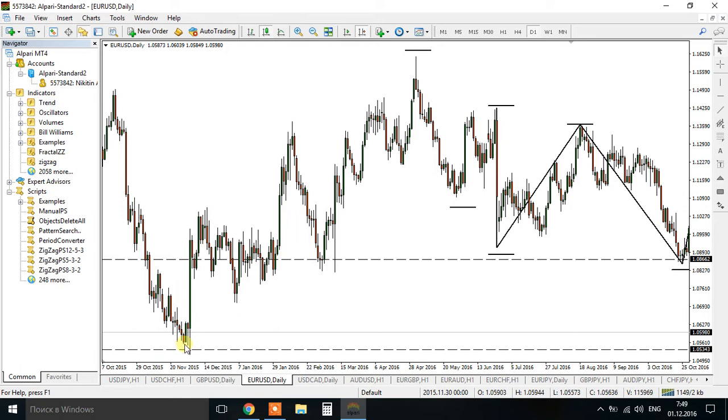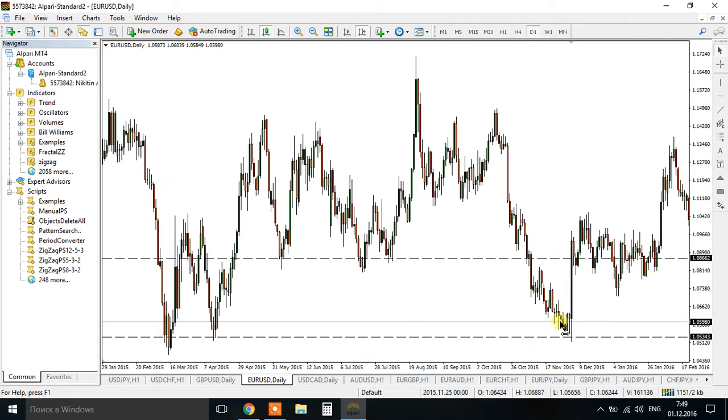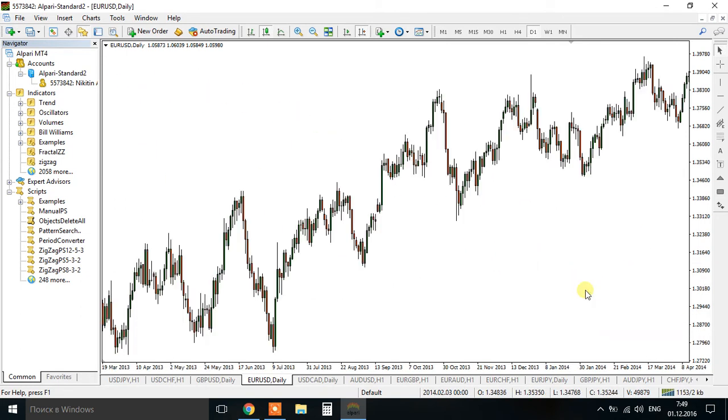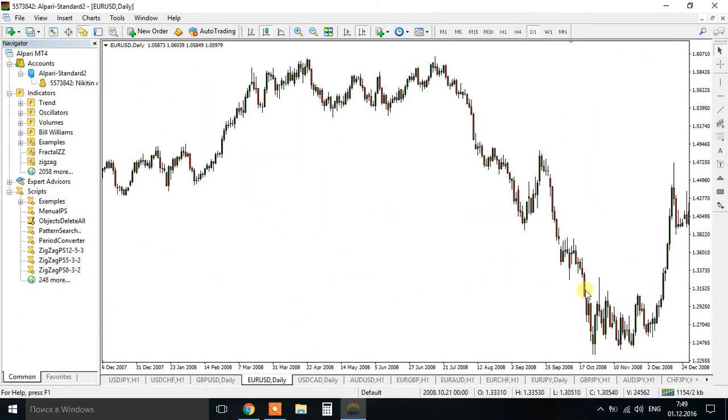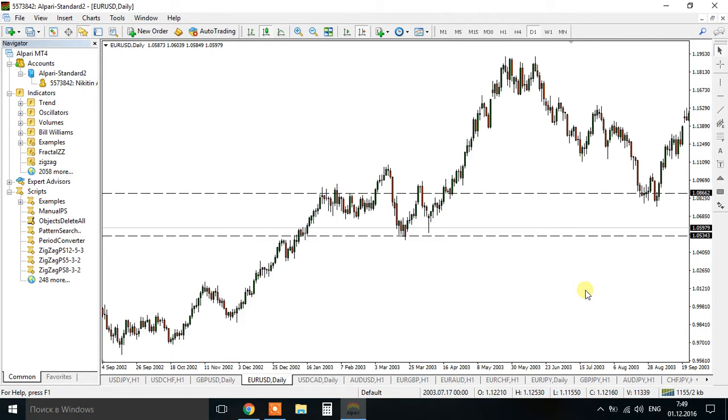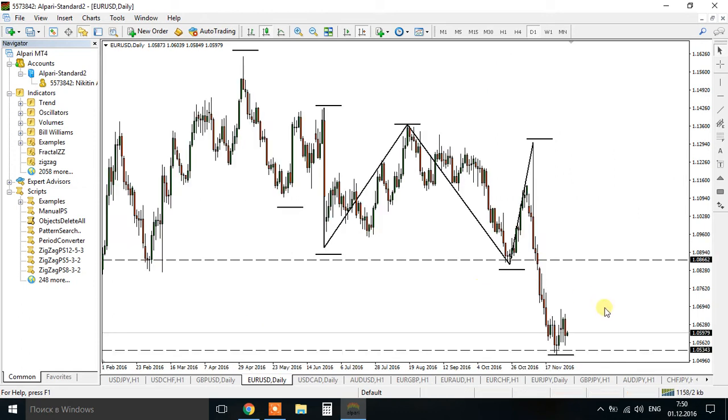Okay, look at this level. It acted as support, and if I go deeper into history, we can find some more evidence of this level acting as support and resistance. Let's go back. So now we are sitting at this support level.